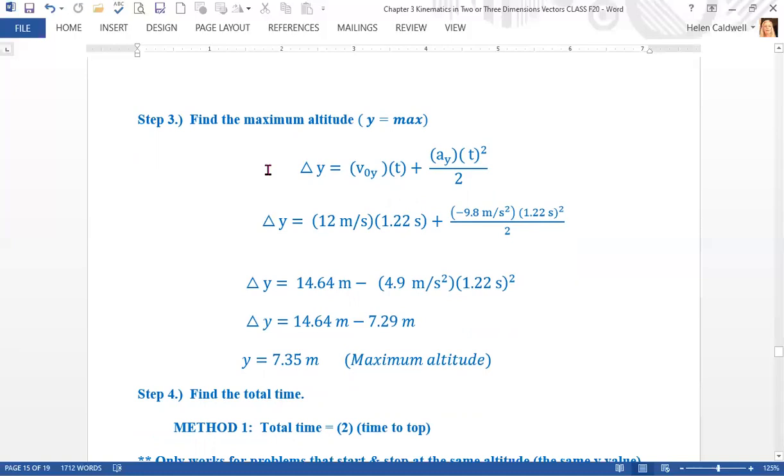So delta y is equal to v0y times t plus a sub y times t squared over 2. Delta y is what we're looking for. v0y is 12 meters per second. The time to get to the top, remember y is equal to a maximum at the top. If you can't remember that, you can write it down.